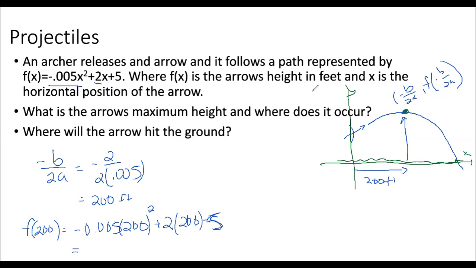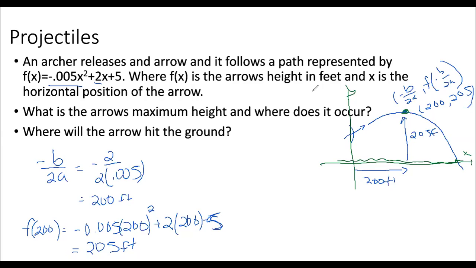And when we calculate that, we get 205. So this dimension is 205 feet. So this point here is (200, 205). Okay, or we can say it has a maximum of 205 feet at 200 feet from where the archer released it.